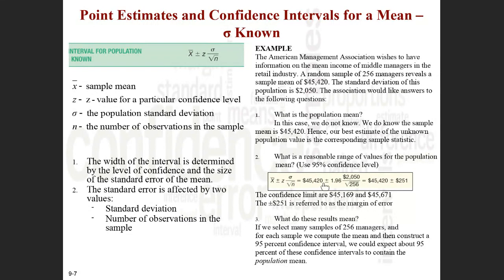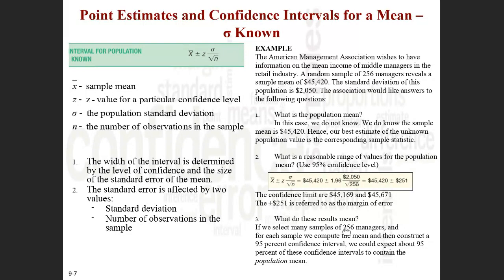And remember, this is the 95% confidence interval. We have 45,420 plus or minus $251. So the confidence limits are 45,169 at one end and 45,671 at the other end, adding and subtracting $251 from 45,420. So the plus or minus 251 is referred to as the margin of error.